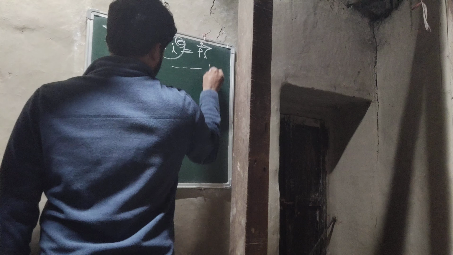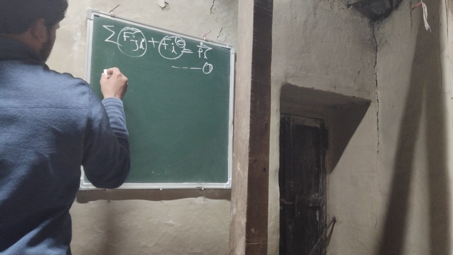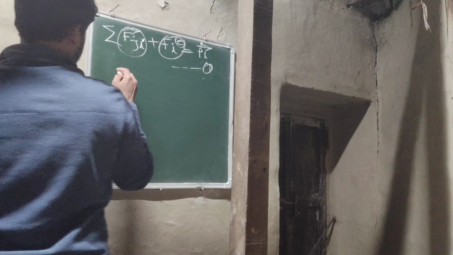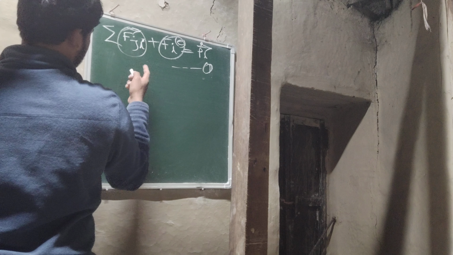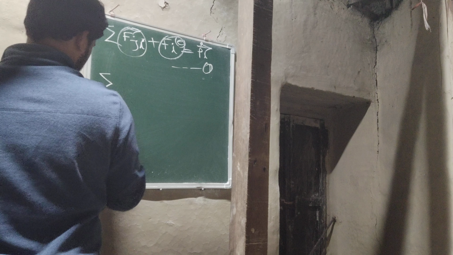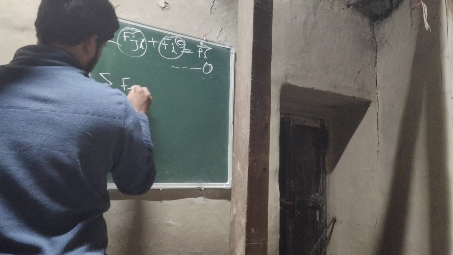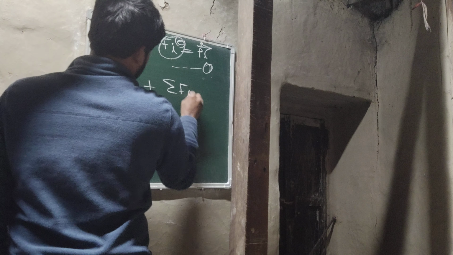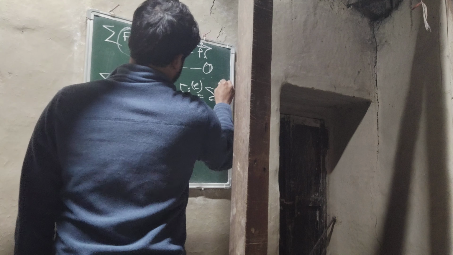Say this is equation 1, and if we sum over this equation 1 for all the other particles of the many particle system, then the equation becomes summation over i, j, i not equal to j, F_ji plus summation F_i equals summation p_i vector dot.